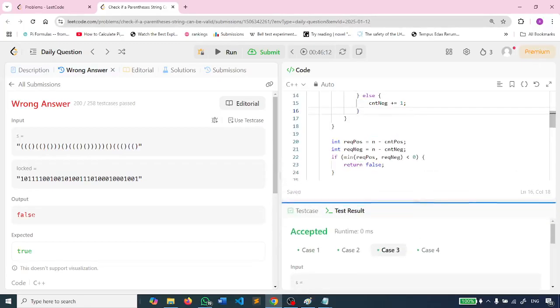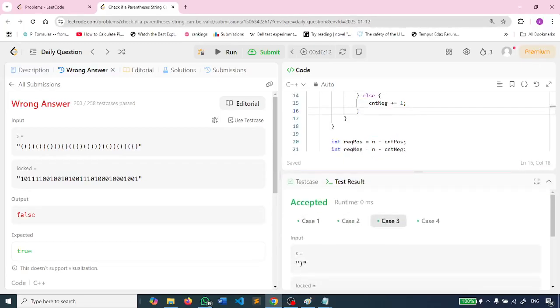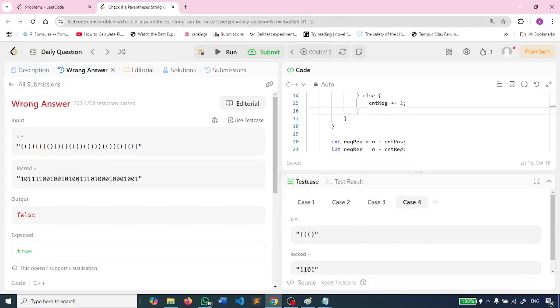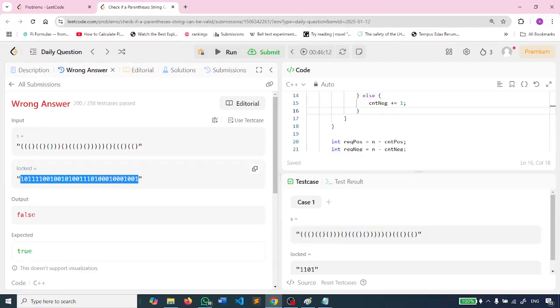What did we do wrong? It could be a very simple mistake. Let me delete all these test cases. Come on, man! After putting so much time, you're giving me another annoying mistake. I think this time it's just some kind of silly edge case check that I'm missing.